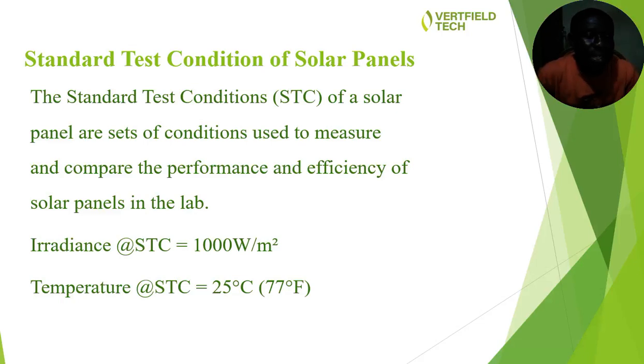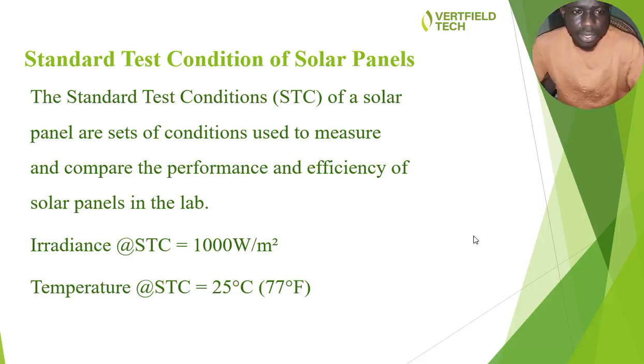Now, let's talk about this standard test condition. The standard test conditions of a solar panel tell you the set of conditions used to measure and compare the performance and efficiency of solar panels in the lab. So now we have been talking about standard test conditions all this while.